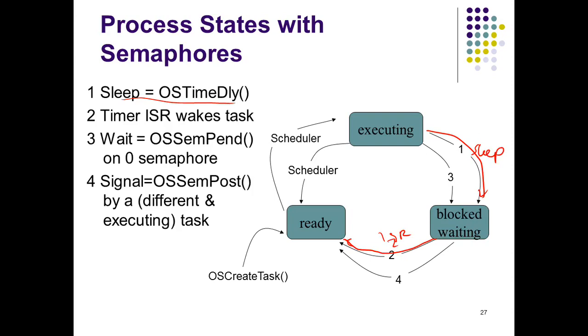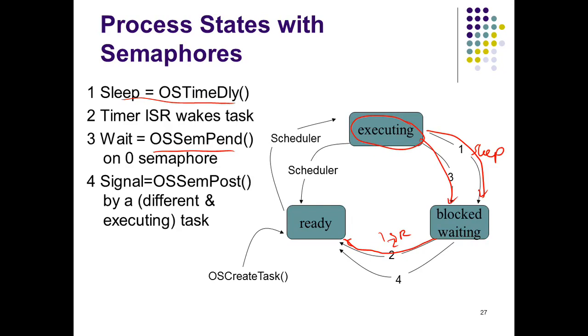So just how does this change with semaphores? Well, with a semaphore, you're going to have some process or task that's executing, and then within the task it's going to call OSSemPend, which is saying wait until a semaphore is available. If it doesn't have it, then it's going to go to the blocked queue.